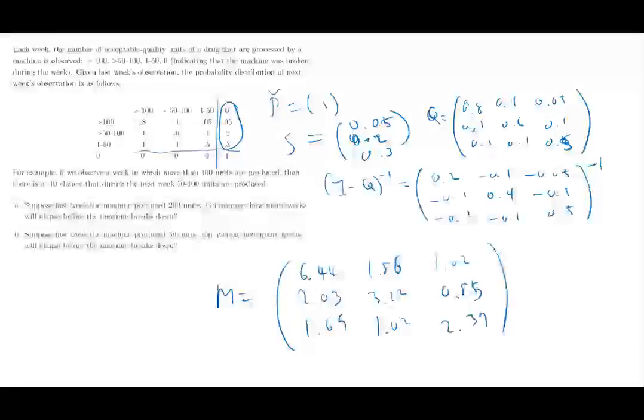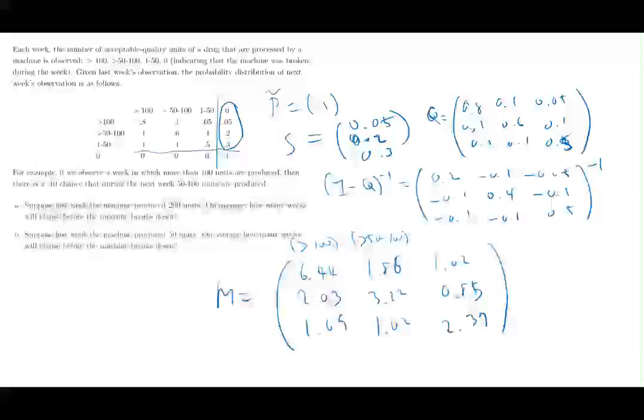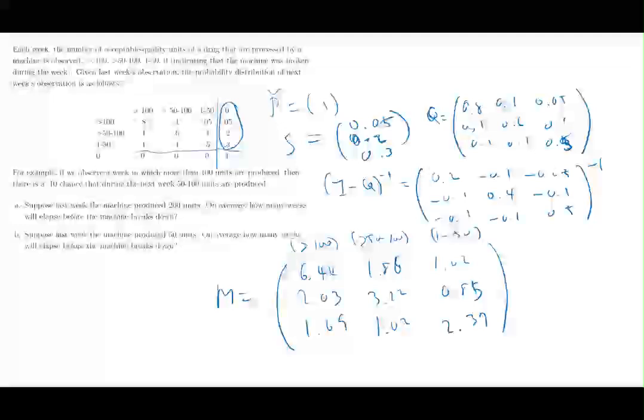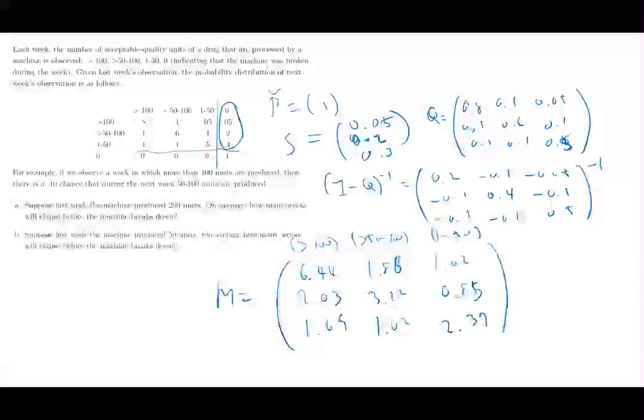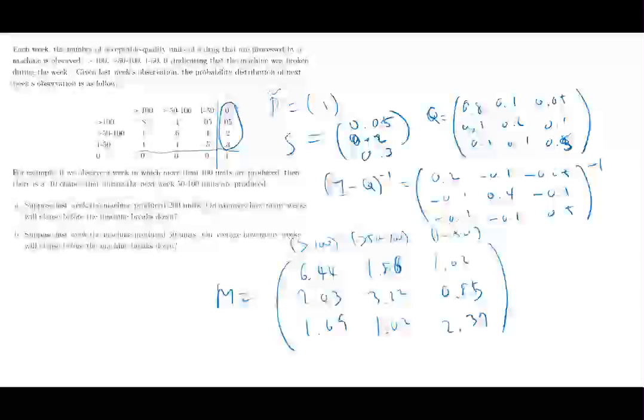Okay, so this is my fundamental matrix. The states represented here are my transient states. So this is greater than 100, this is greater than 50, less than 100, and this is 1 through 50. And the same thing on the rows, the same order.